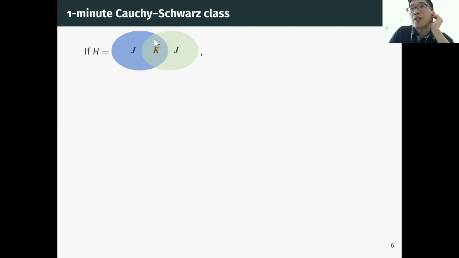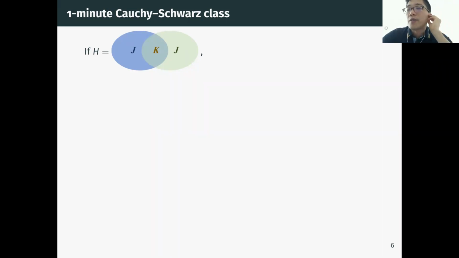And I also want that if I delete K, then H is disconnected. So this is the basic setting. If I delete this, the graph will be disconnected into two or more isomorphic pieces.